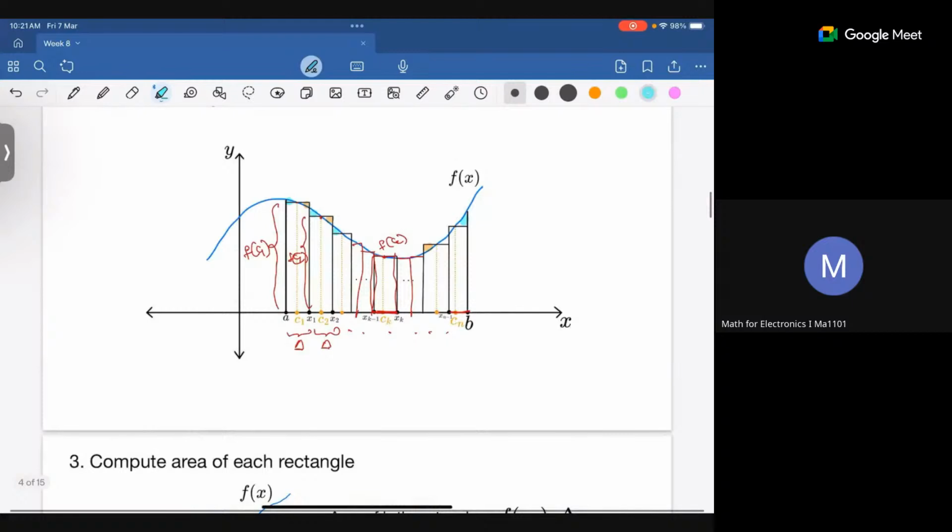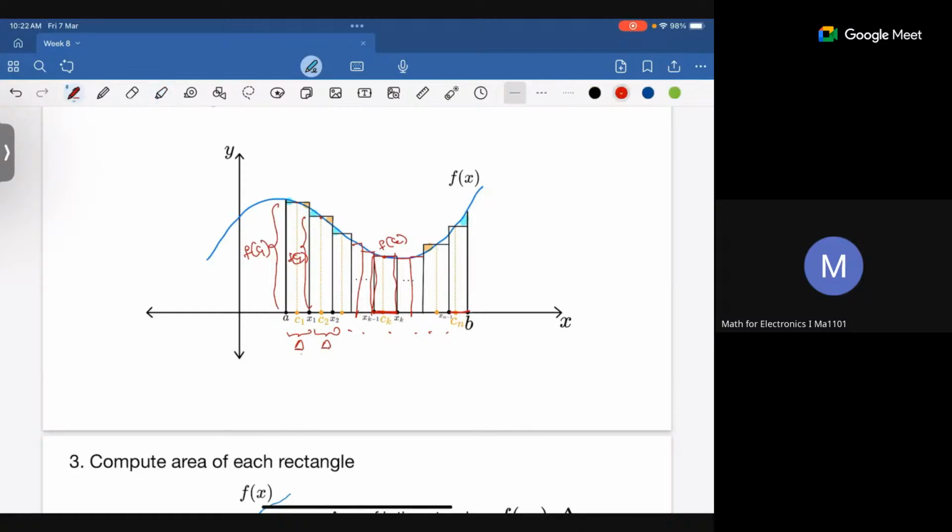So that's why we are saying approximate area. In order to get the exact area, what should we do? In order to minimize these blue and orange regions, we have to reduce the lengths of each and every rectangle.